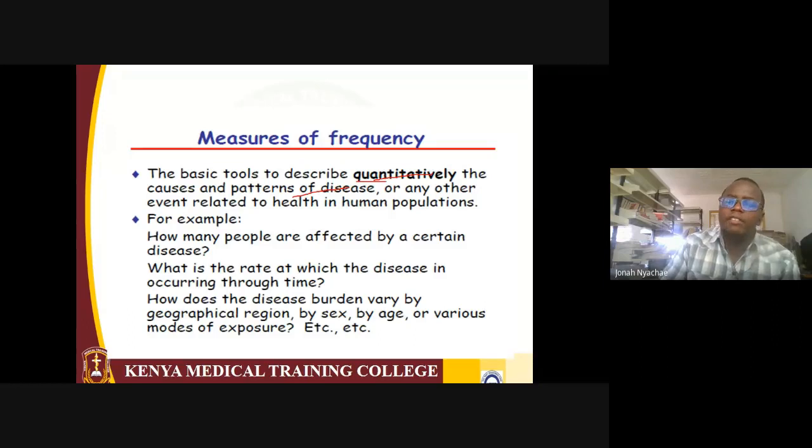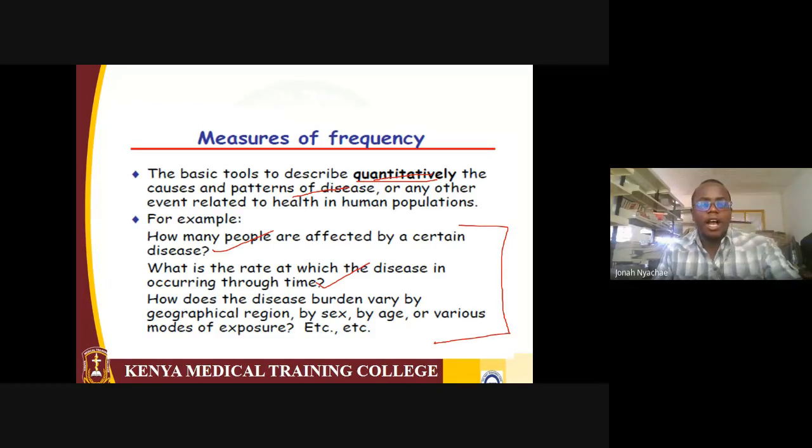So quantitatively, you have quantified it, or any other event related to health in a human population. For instance, how many people are affected with certain diseases? What is the rate at which the disease is occurring? And how does the disease burden vary by geographical region? Basically, you are giving numerical values.